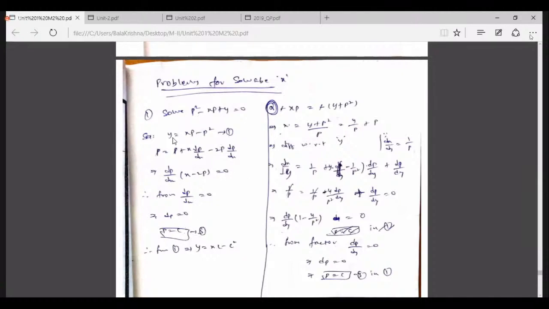If you are unable to express in the form of y is equal to, then you should try x is equal to f of y comma p, differentiate with respect to y, express in the form of factors, consider the factor which contains dp by dy, and solve by the variable separable method so that you will get the p value. Substitute that p value in the given equation.